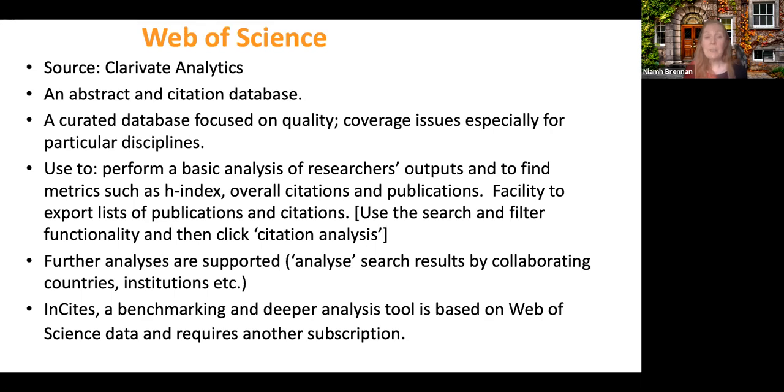There's a facility to export lists of publications and citations. Further analyses are supported: you can click on the analyze button on the search results and look at collaborating countries and institutions, etc. They also have an add-on called InCites, which is a benchmarking and deeper analysis tool based on Web of Science data. And of course, it requires another subscription.